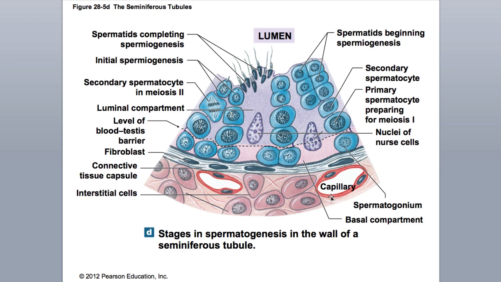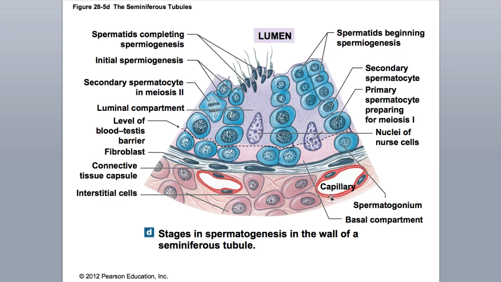And whatever germs you might have in the blood, very similar to Biology 2401 with the blood-brain barrier, we have a blood-testes barrier, preventing germs from infecting this region, infecting the production of the sperm.